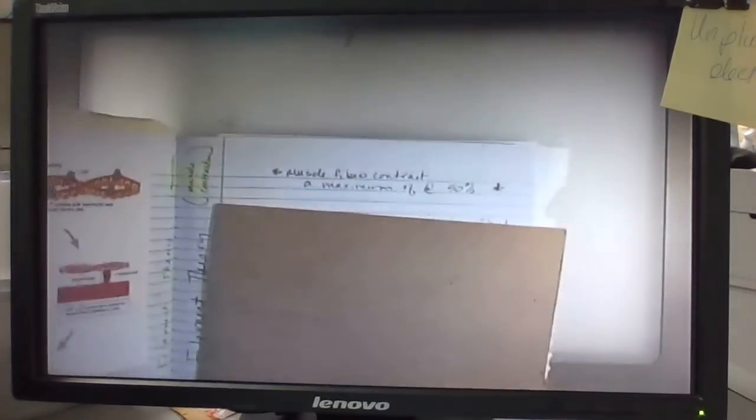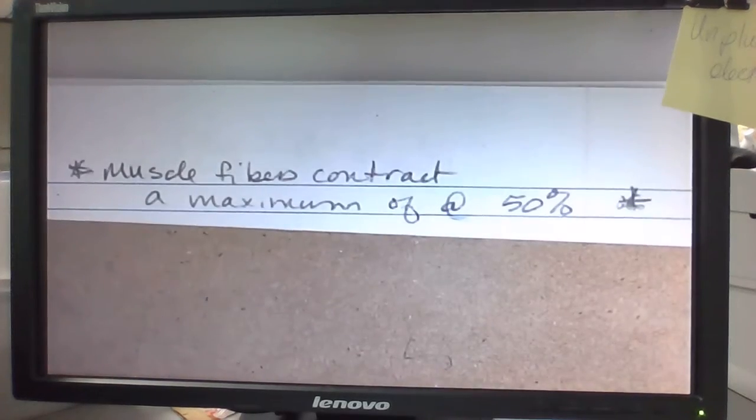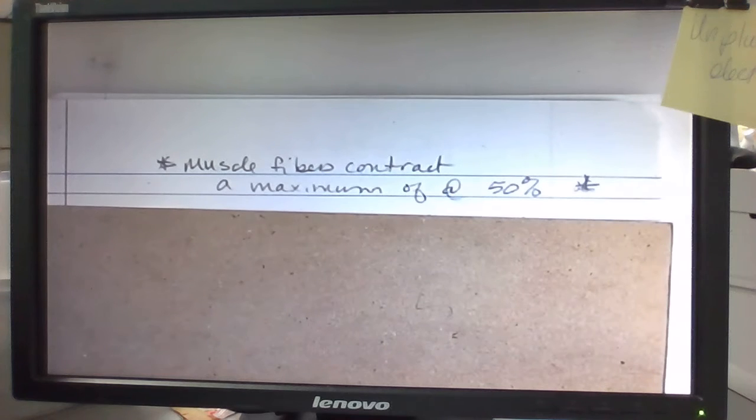All right, so we looked at muscle fibers yesterday. That's basically the cell, the myocyte. I have mine on the right-hand side.